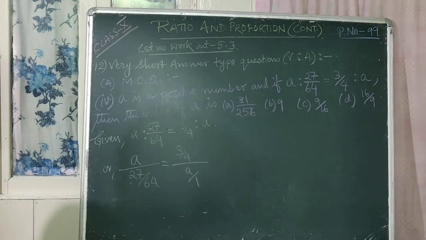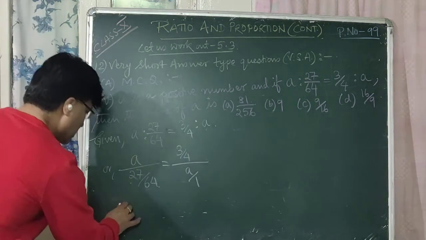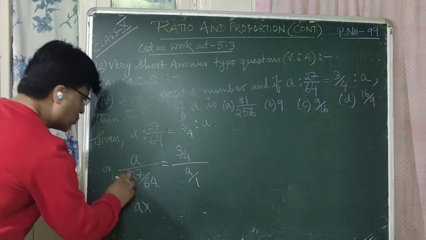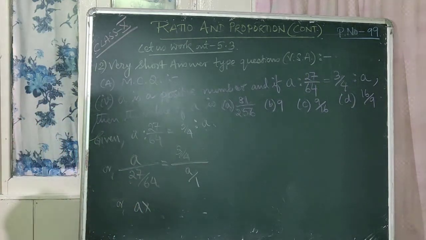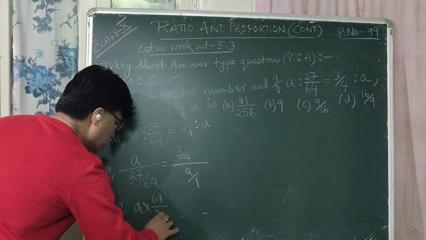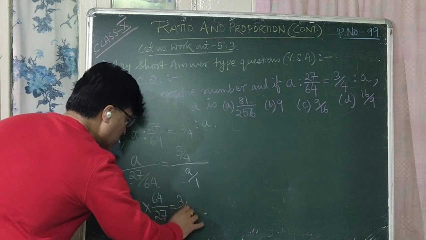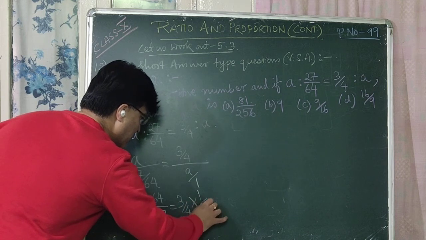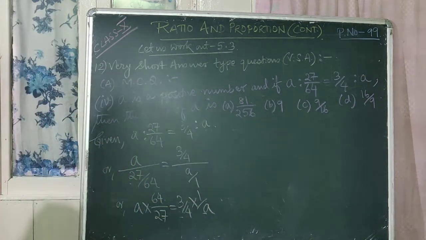Now if you simplify it, you will get a into, when this 27 by 64 goes up in the numerator, it becomes upside down, you know that. That is 64 by 27 is equal to 3 by 4 into 1 upon a. So we got this relation.